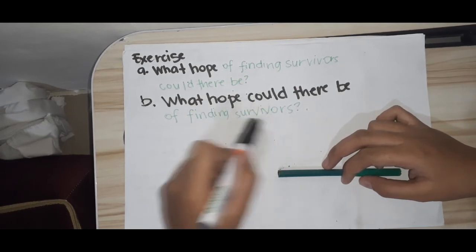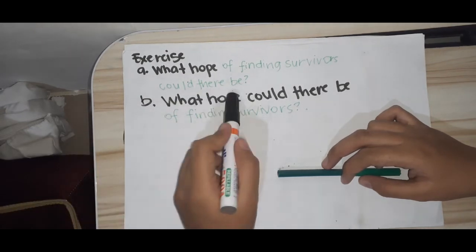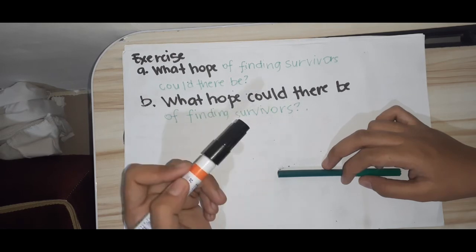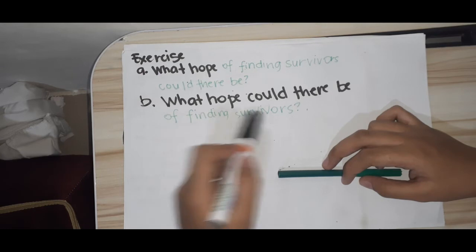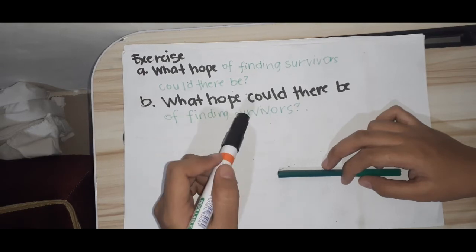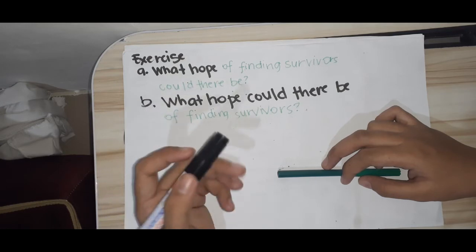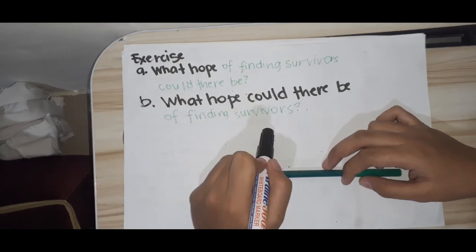The problem is that the string what hope is not a constituent, only a subpart of the overall QP what hope of finding survivors. Given the assumption that only complete constituents can undergo movement, we clearly cannot maintain that the non-constituent string what hope gets moved on its own.